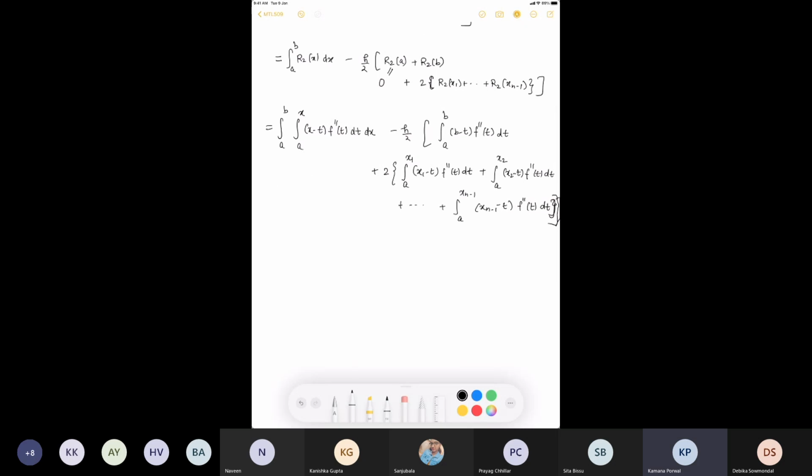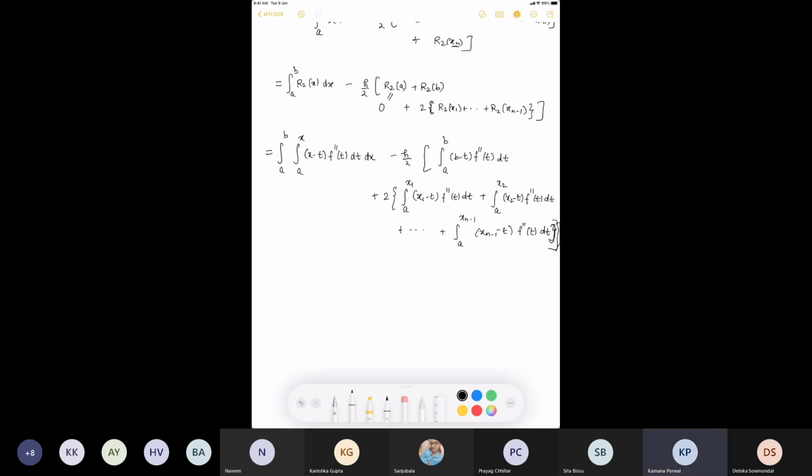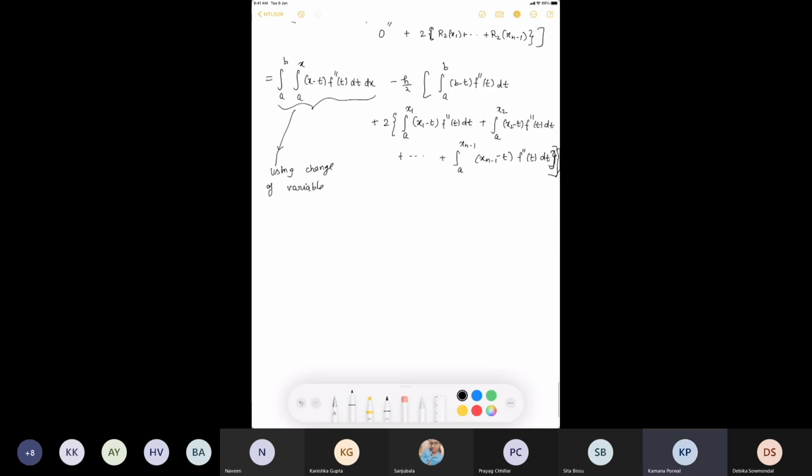Okay, so I've just substituted the expression for the function R2. So note that further I can apply the same step. That is, I can change the variable here, using change of variable as before. So I will change the order of the integration. So this is going to be a to b.